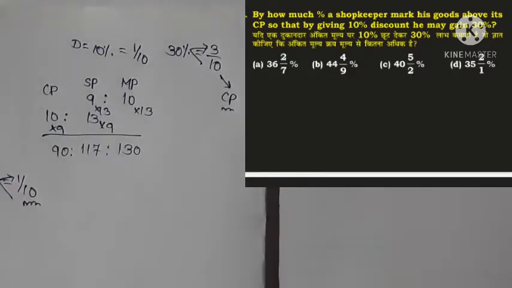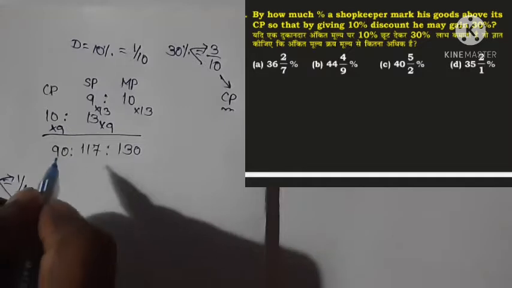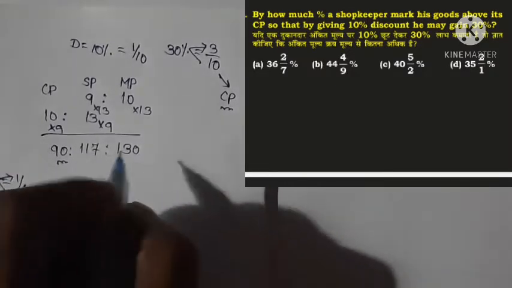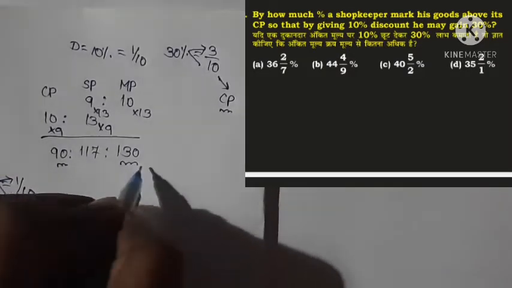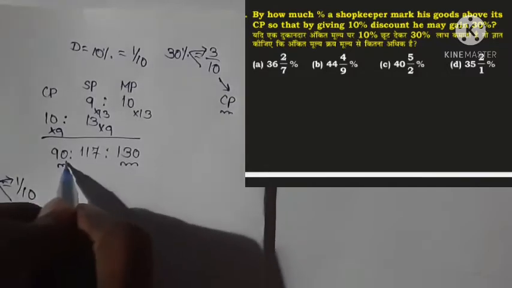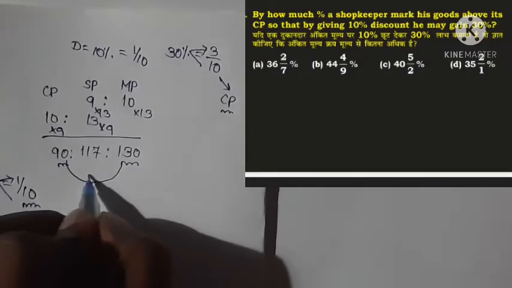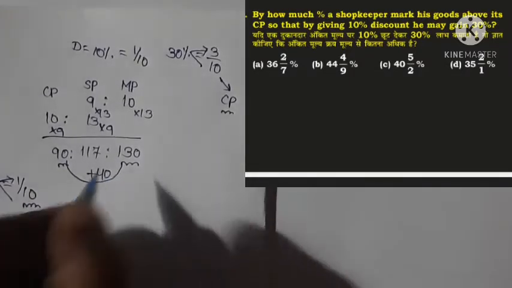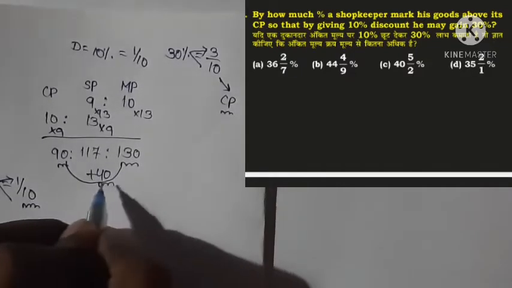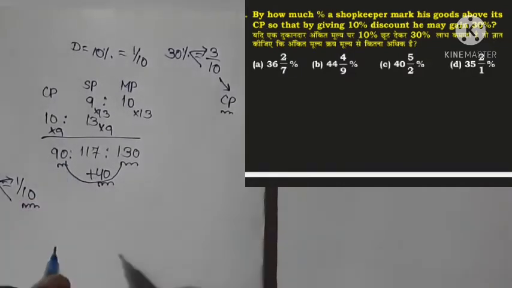So by what percentage does a shopkeeper mark his goods above its CP? The cost price is 90 and the mark price is 130. So it is increased by 40. So 40 for 90. So what is the value for 100?